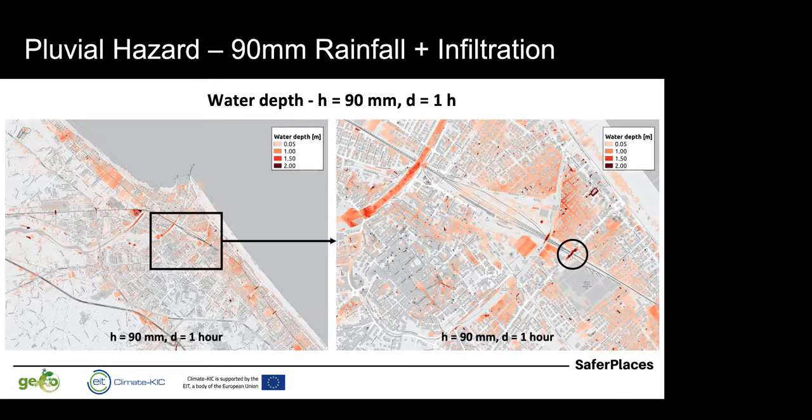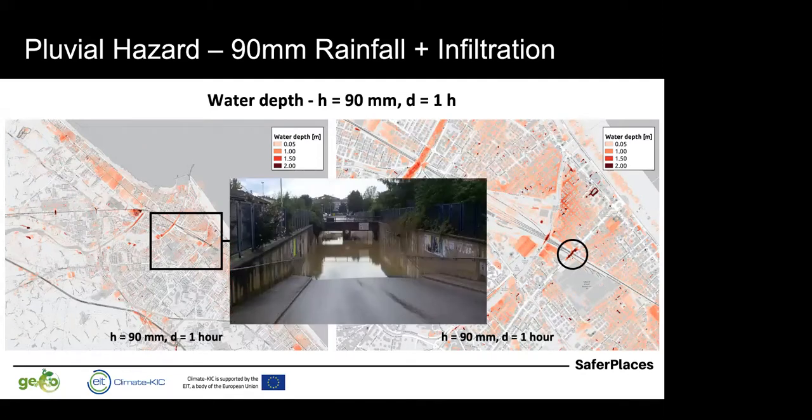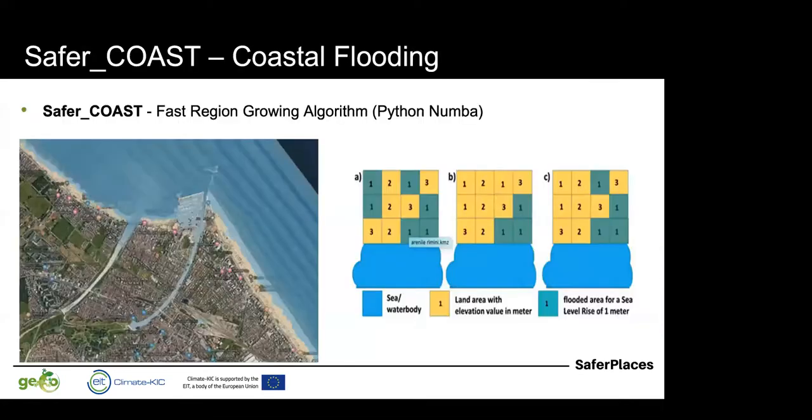We have simulated a rainfall intensity of 19 millimeters per hour with a duration of 1 hour, and we have computed the flood hazard, also taking into consideration the natural infiltration with the Green-Ampt approach. The outputs are quite consistent also with reality. The model reproduces well a past event, for example, here in the underpass of Tripoli Street.